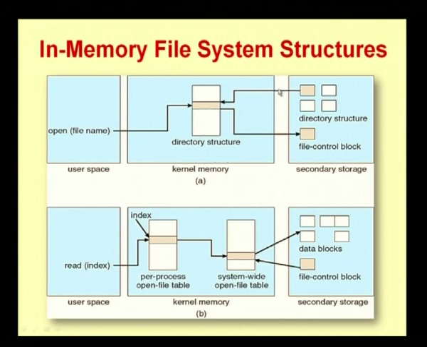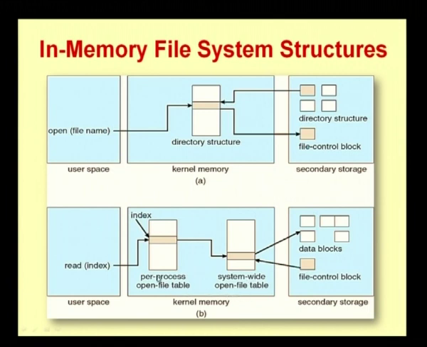And from the kernel memory, it immediately informs the secondary storage, wherein you have a file control block. From the file control block, it checks the detail of where that file is available. So these are the different directories. From the directory, it goes to the kernel memory and it opens. And this is my user space, wherein I read the contents of the file. In the kernel memory, I have an open file table: a per-process open file table and a system-wide open file table.